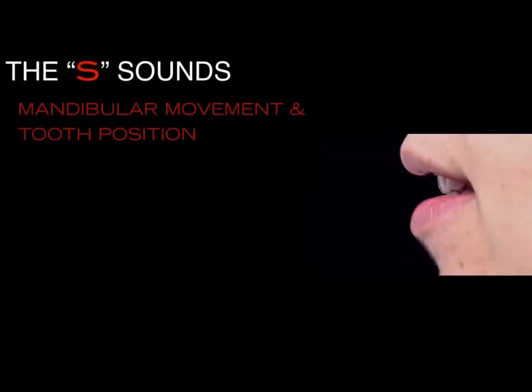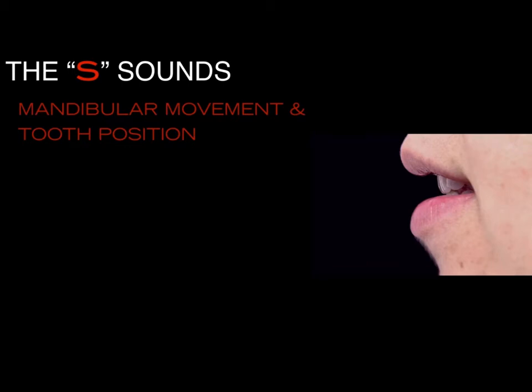But another very important step in prosthetics, maybe even more important, is the mandibular movement and tooth position. You have to remember that there is a considerable variation in mandibular movement during pronunciation of the letter S. So this aspect must be evaluated carefully before embarking on any kind of rehabilitation of the anterior area.